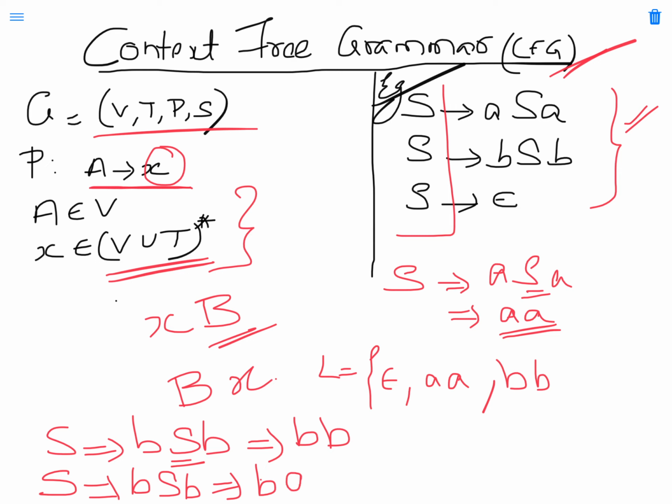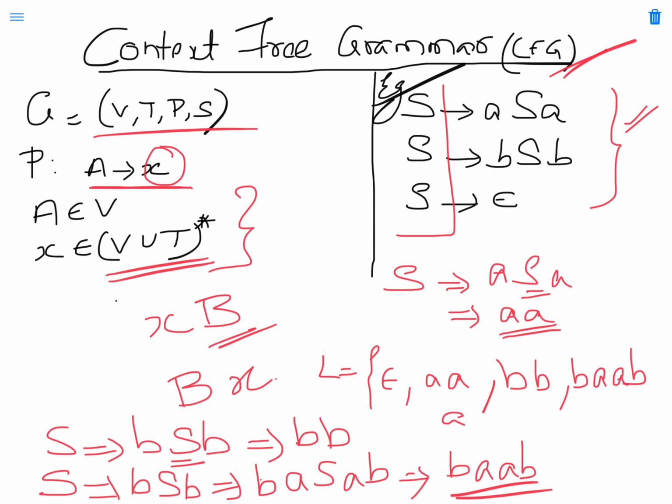B A S A B. Then if you put epsilon, you get B A A B. So the next string is B A A B. Likewise, you will also get A B B A. Like that it goes on.